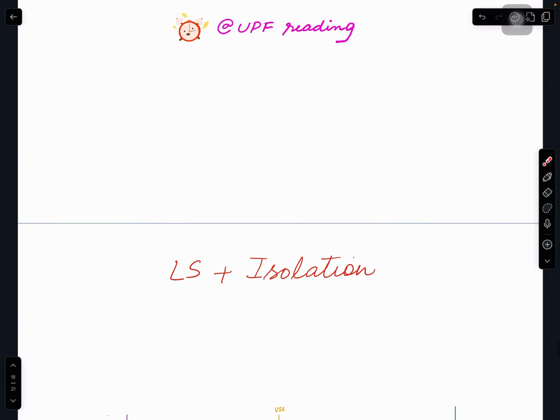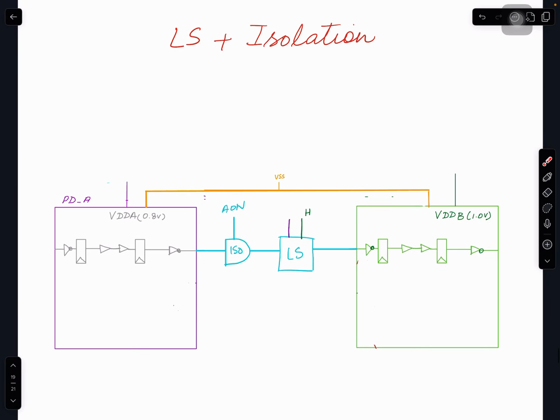Okay, I was thinking, let me show you. If you have a requirement to put isolation cells and a level shifter between the designs, I'm just creating a theoretical situation, then which one do you put first?